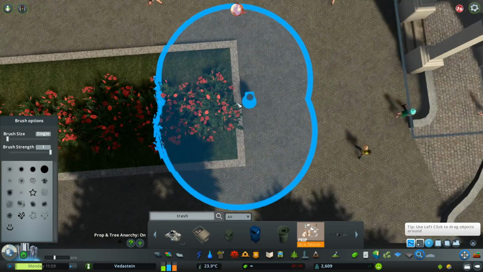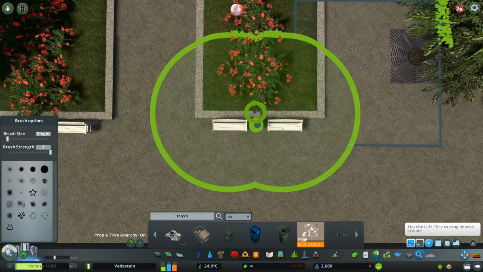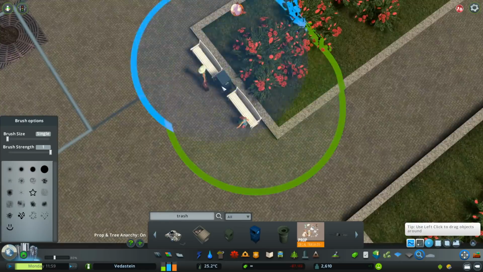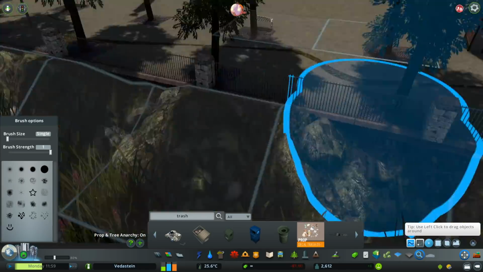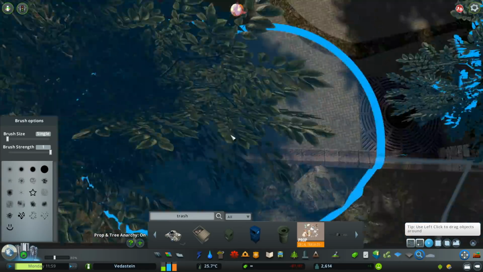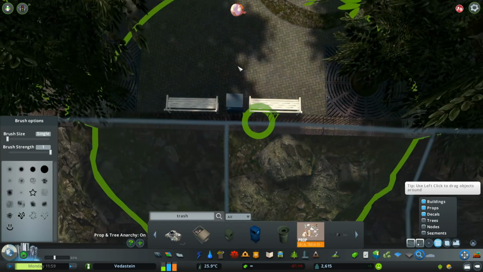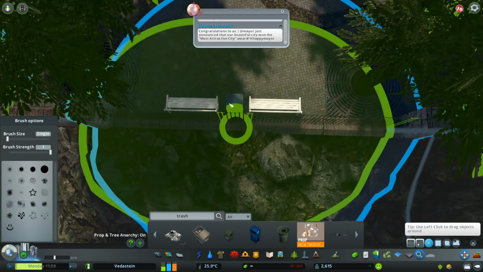Now here just a few benches to, on the one side, have people walking on the square, and on the other side have people interacting with the area, and that way just sitting there.